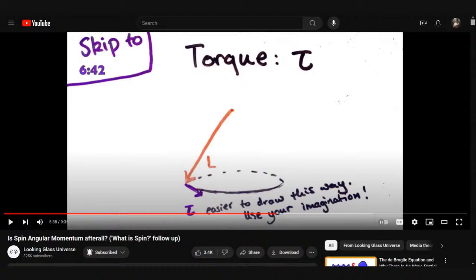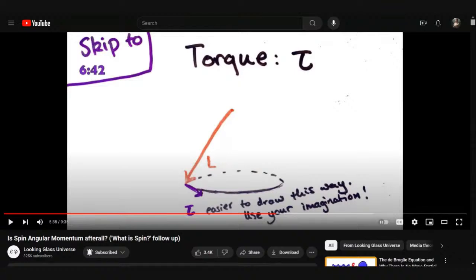Can that work? When I apply a torque on L, can we even do any vector addition? No, you're supposed to do a cross product.